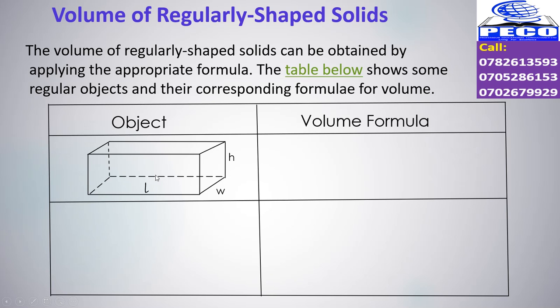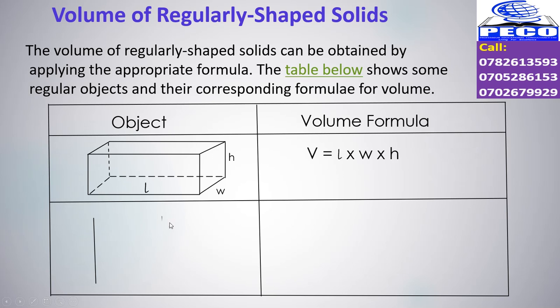Now if it has all the sides equal, then it is called a cube, but if the sides are not equal, then it's called a cuboid. So how do you get the formula? How do you find the volume of this box here? And the formula is L, the length, times W, that is the width, and times the height H. So simply L times W times H, which is length times width times height.